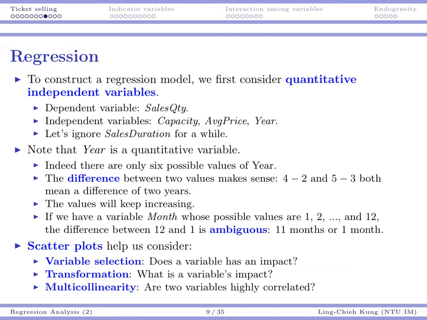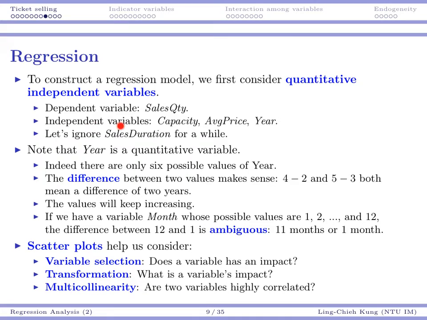Okay, so to construct a regression model, we first need to consider quantitative independent variables, because so far this is the only thing we can do. We haven't told you how to handle qualitative independent variables. In this problem, the dependent variable is the sales quantity. We want to know what may affect the sales quantity.